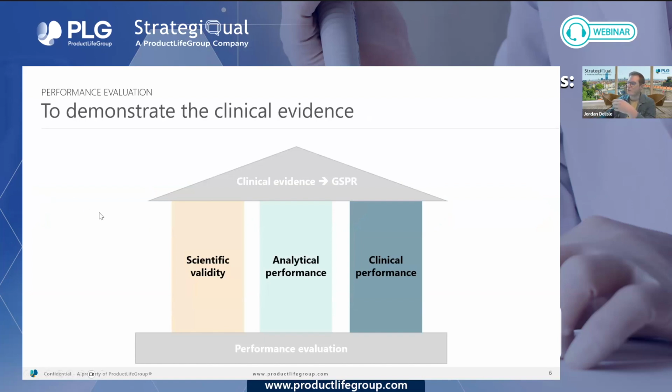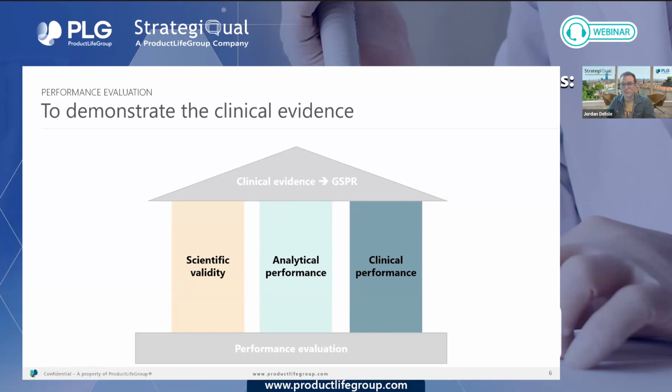So we understand that there are several components. Then Article 5 specifies that it is necessary to demonstrate the conformity with general safety and performance requirements. Finally, Article 56 says that it provides sufficient clinical evidence.